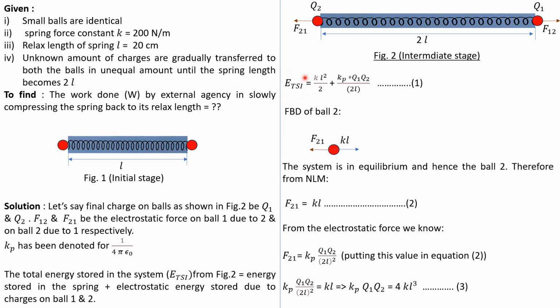So E subscript TSI will be equal to, since the spring has been stretched by L length, KL square by 2 as the energy stored in the spring, and due to electrostatic interaction between Q1 and Q2, the energy will be K subscript P into Q1 Q2 divided by 2L because it is separated by 2L distance. Let us say this is equation number 1.